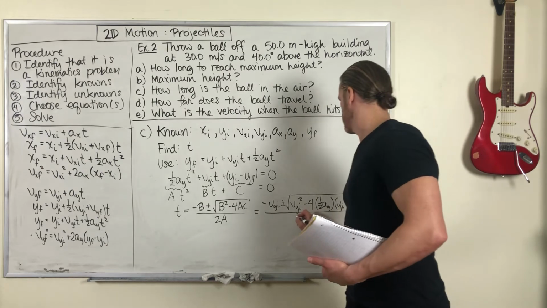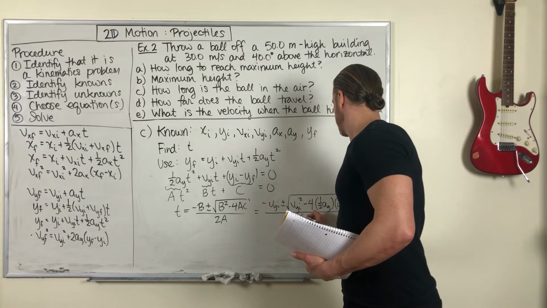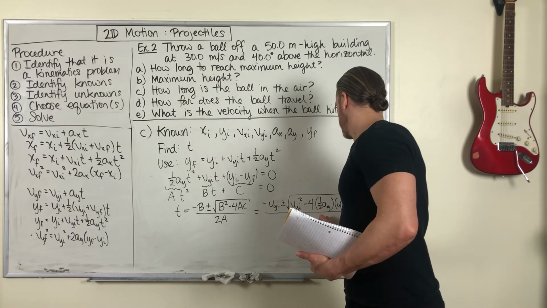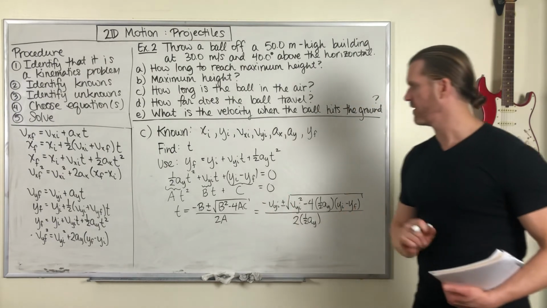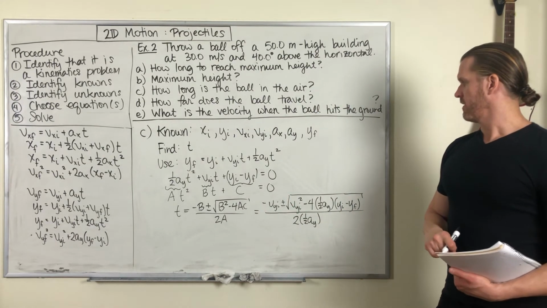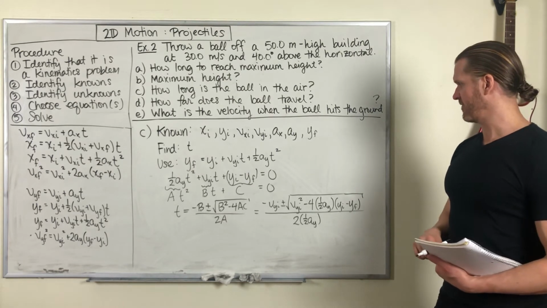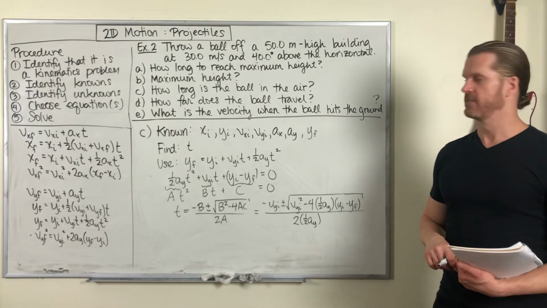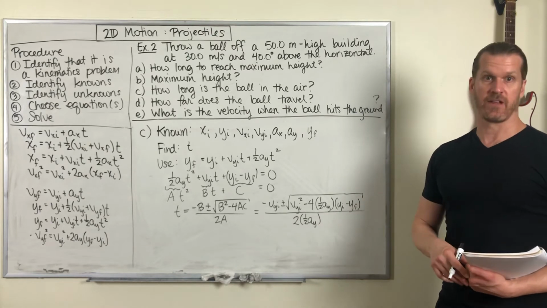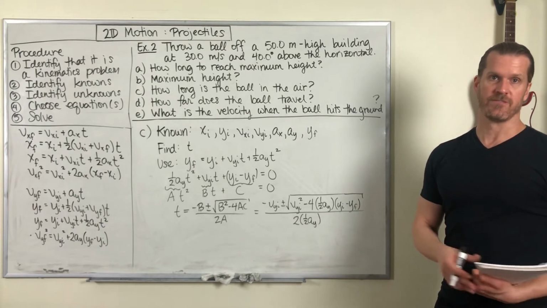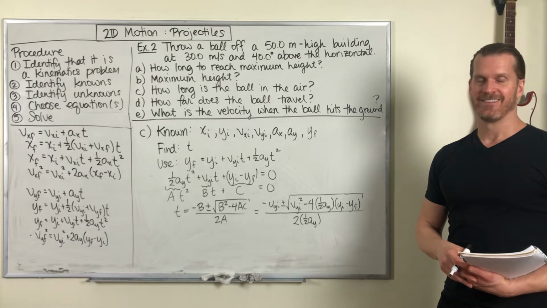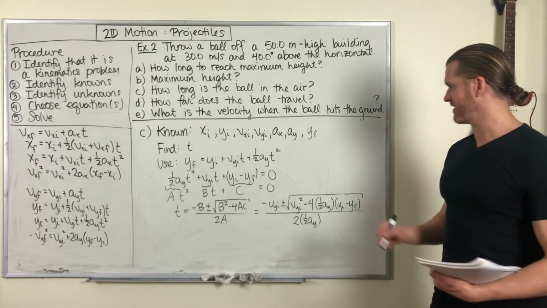Divide all that by 2 times that a term, 1/2 ay. And now it's your job as physics students to plug in all the numbers here. And I'll show you what the answer is. And you need to make sure that you're able to use your calculators correctly and get this answer out.